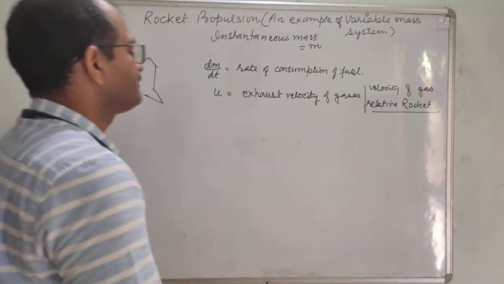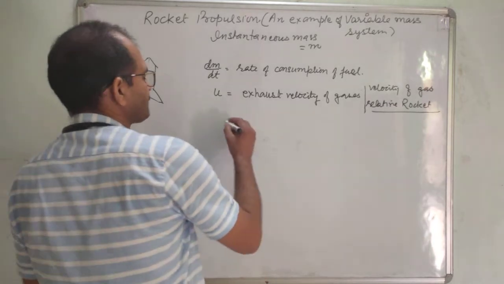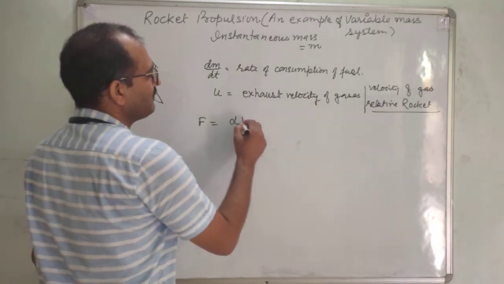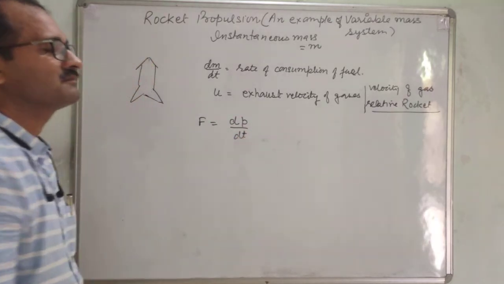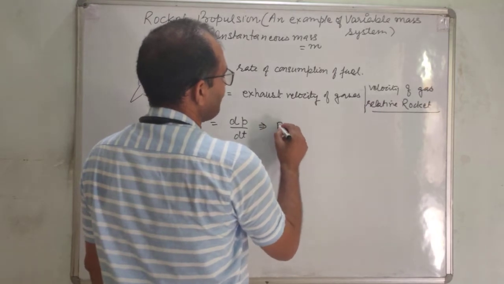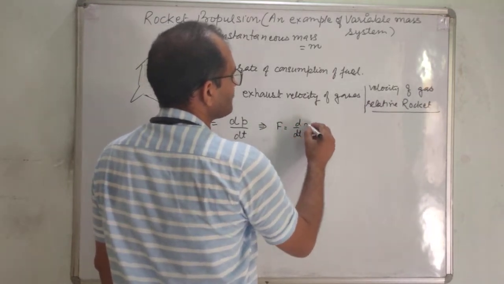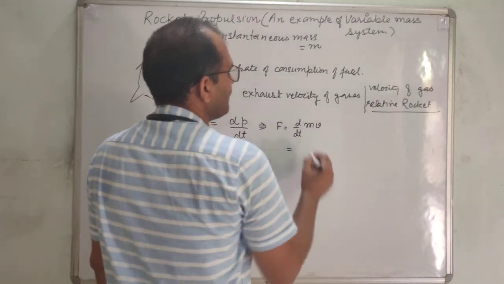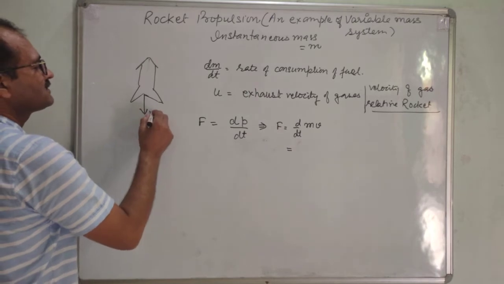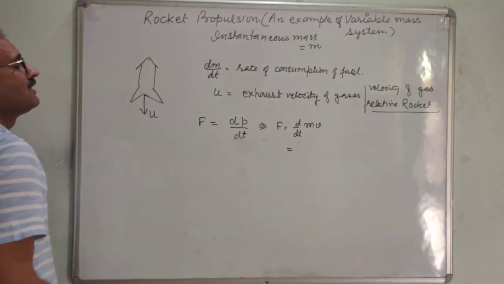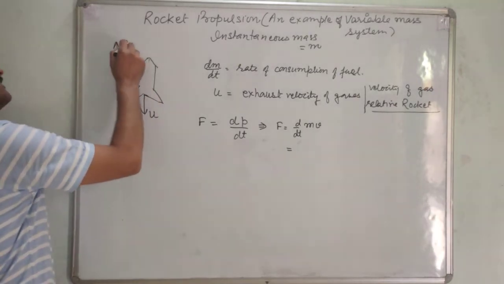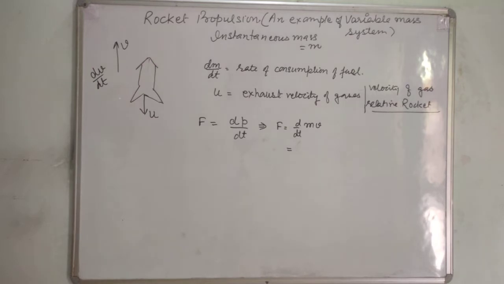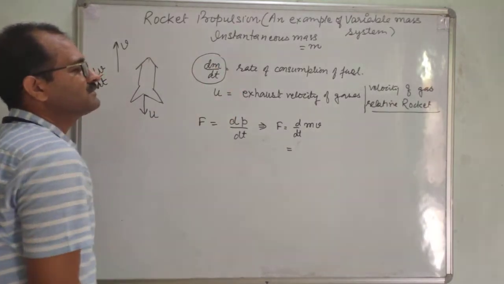Now let us consider Newton's second law. F is equal to dp upon dt, that is, F is equal to d upon dt of mv. Here, what is going on? The gases are coming out with velocity u and the rocket is going up with velocity v, whose rate of change of velocity I take as dv upon dt. And we assumed dm upon dt is the rate of consumption of fuel.